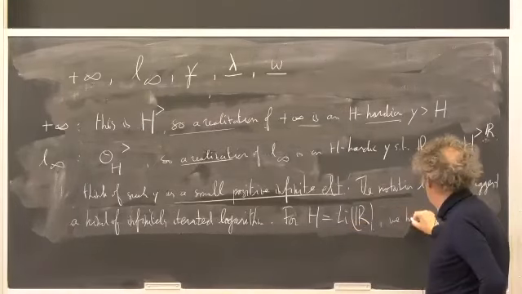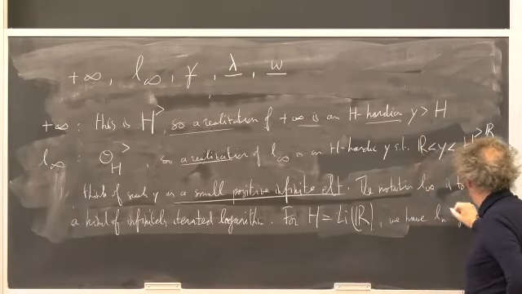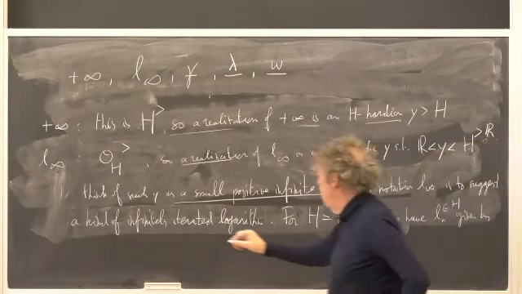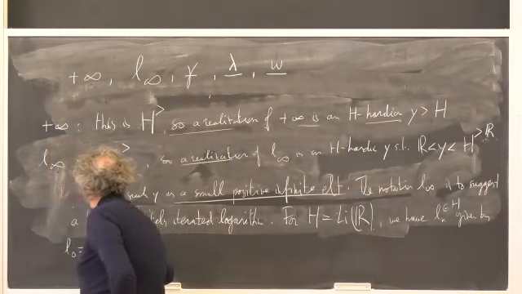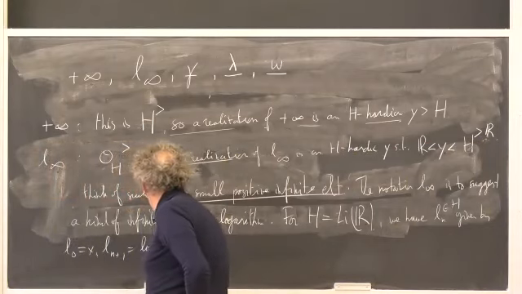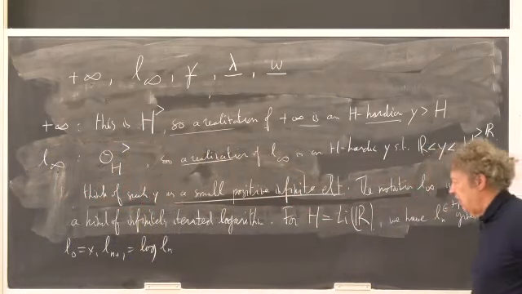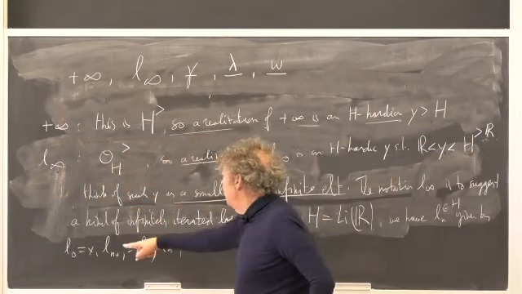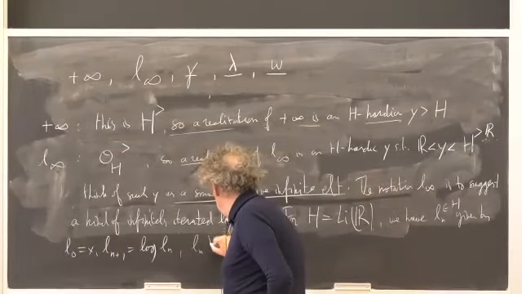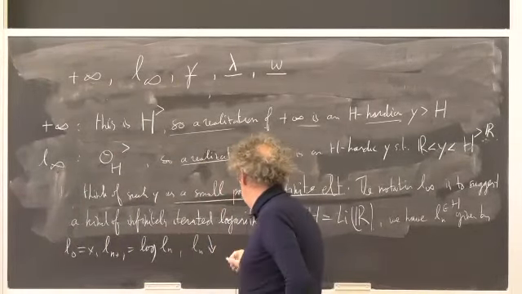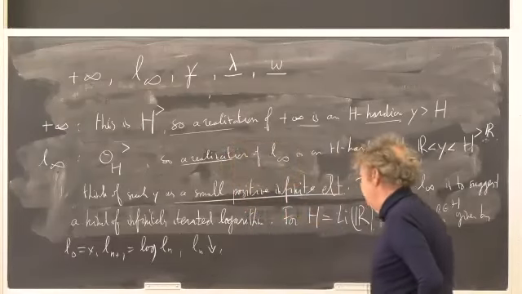We have L_n in H given by L_0 equals x, and L_{n+1} is log of L_n. So L_1 is log x, L_2 is log log x, etc. And these are co-initial. L_n decreases.